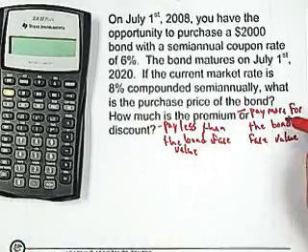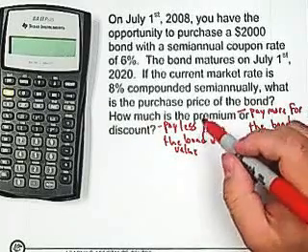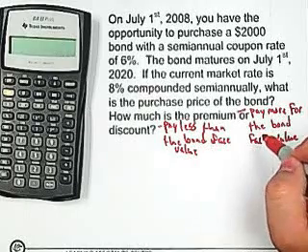So premium, we pay more for the bond than the face value, and for a discount we pay less than the face value of the bond.